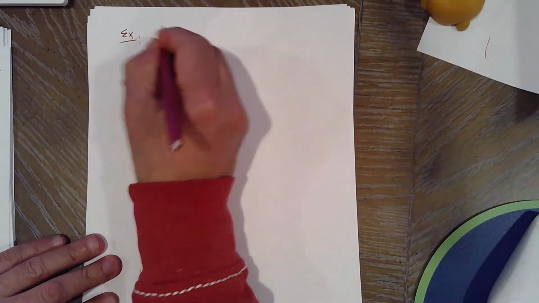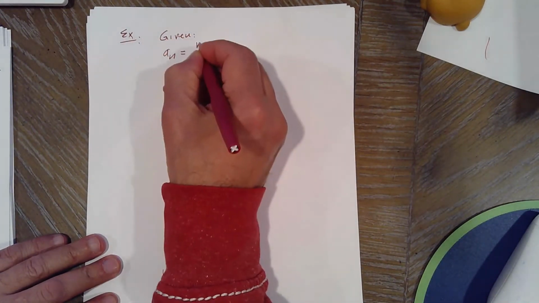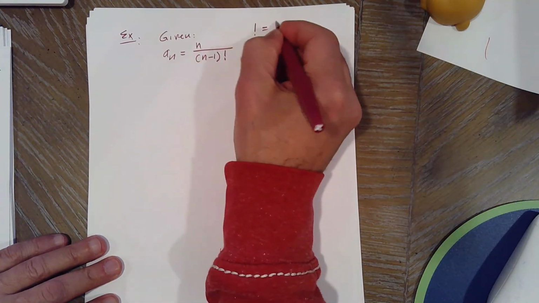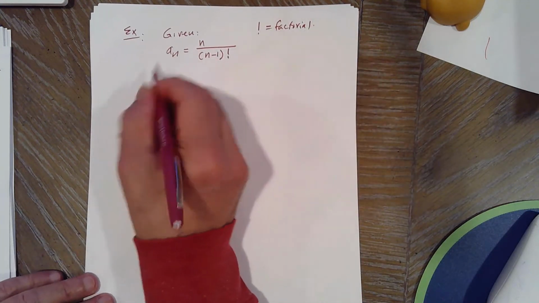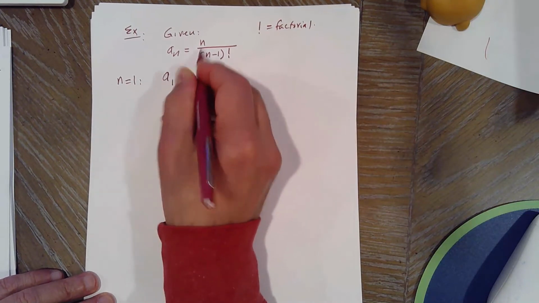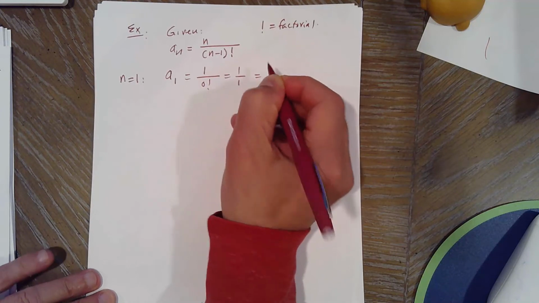For example, if I'm given a sub n, the nth term or the general term of a sequence, to be n over (n minus 1) factorial. This means factorial if you forgot what that is. To find the first term, you put in a 1 for n, and then you get 1 over 0 factorial, 1 over 1, which is 1.